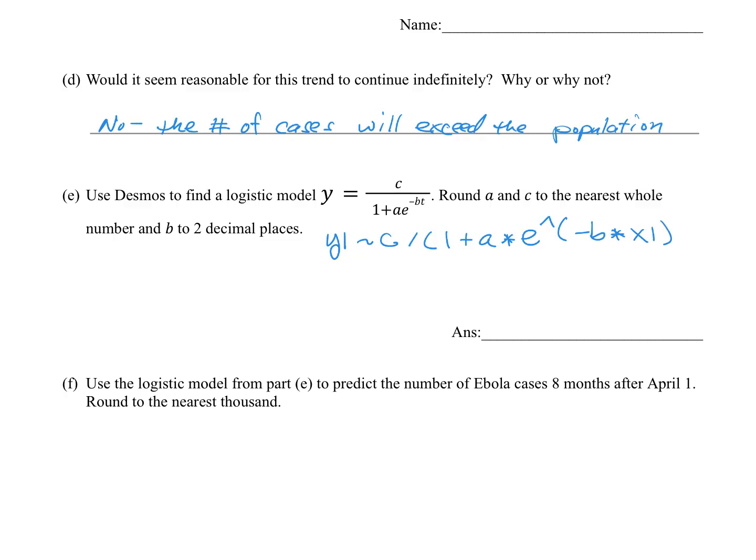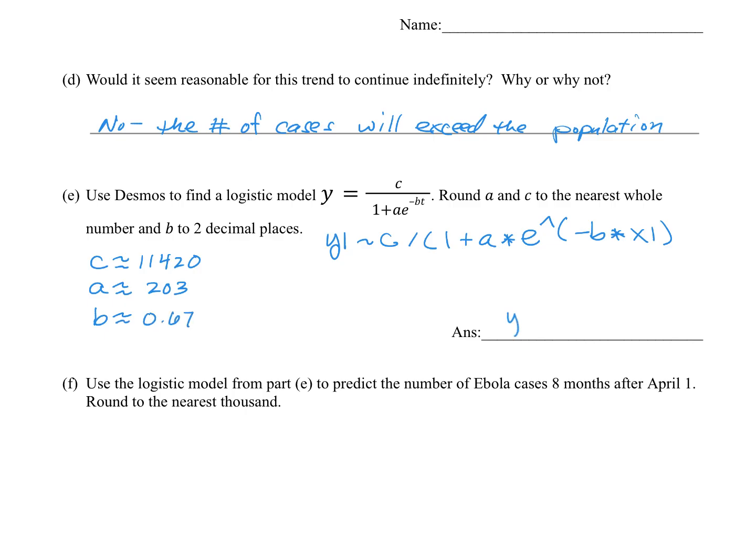Again, using your table numbers, that's how you type it into Desmos. You're going to get c to be approximately 11,420. A is going to be approximately 203. And the B number will be approximately 0.67.